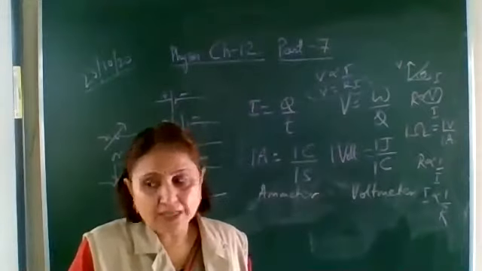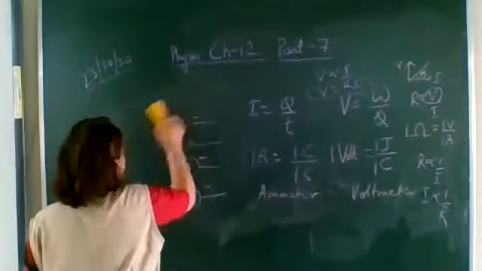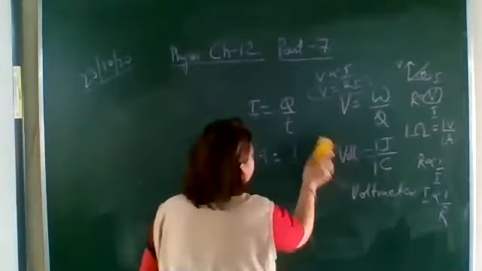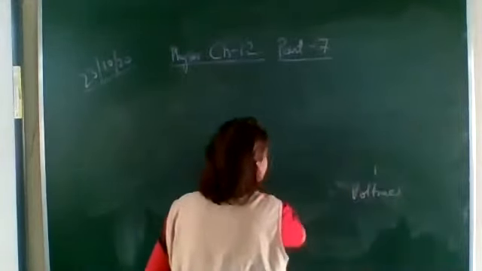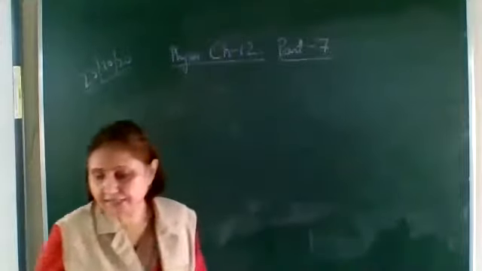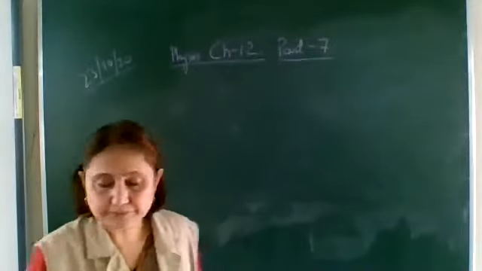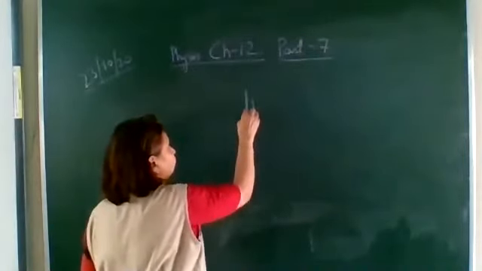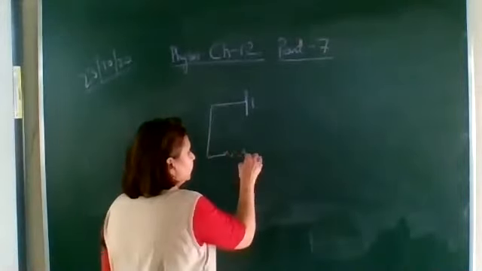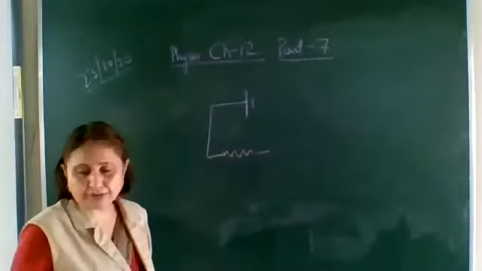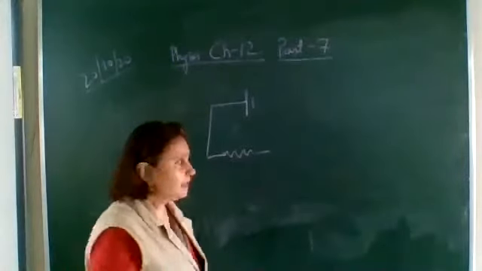Then we have discussed it experimentally also, by taking a circuit. In the lab also, you have to do this experiment. We make a circuit. How is the circuit made? By taking a few components like a battery, which is connected to a wire, like a nichrome wire, across which we have to find out the potential difference and current.